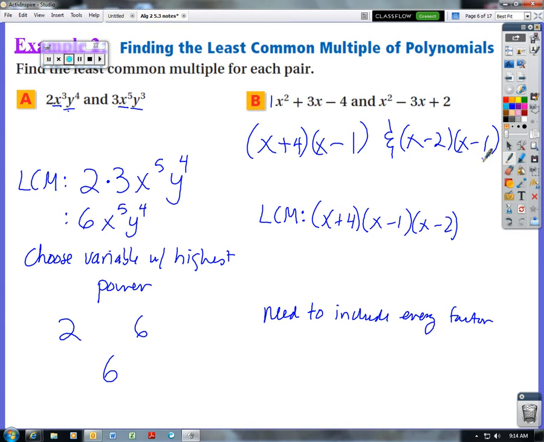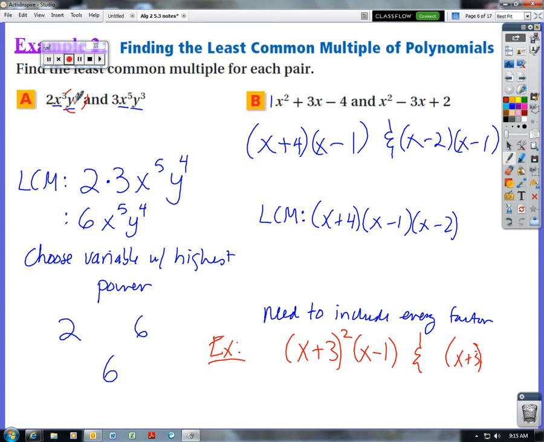Now, let's say you had something like, this is a little mini example. Say you had x plus 3 squared and x minus 1 on one of them, and the other one was x plus 3. So if you were finding the least common multiple of these, you would choose, just like you did over here where you had y to the 4th and y to the 3rd, the one with the higher power.